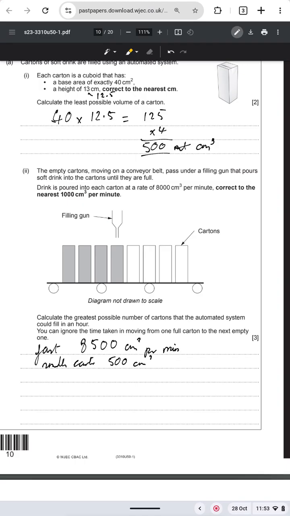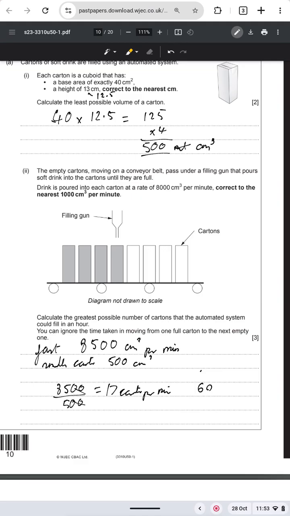So if we divide 8,500 by 500, we end up with 85 divided by 5, which is 17. So it can fill 17 cartons per minute. So we need to now do 60 times by 17.